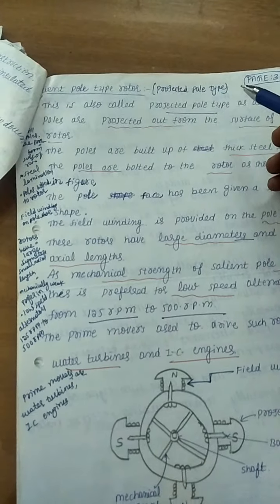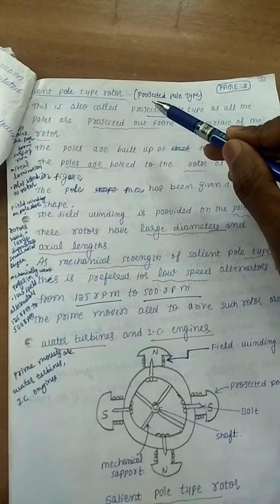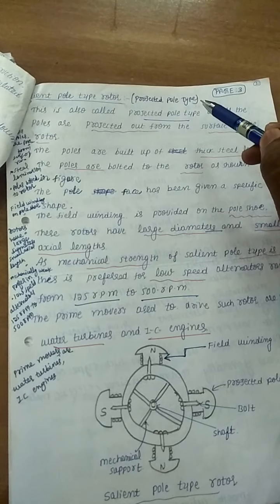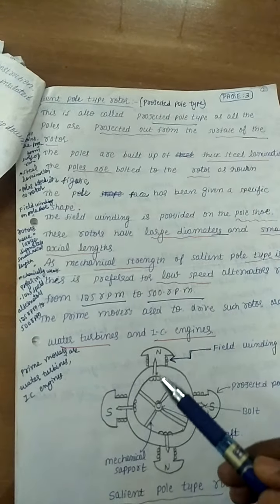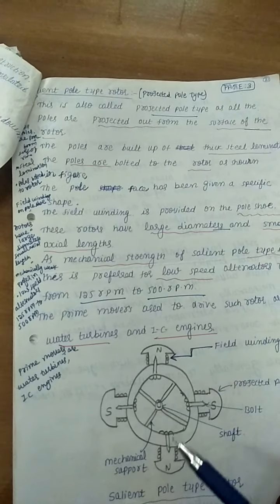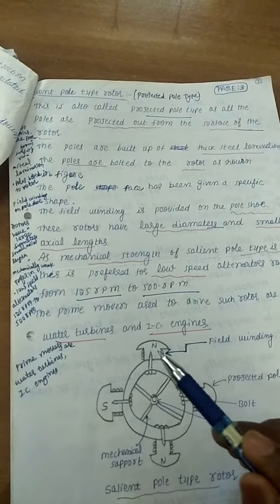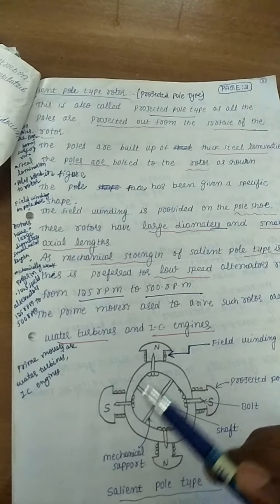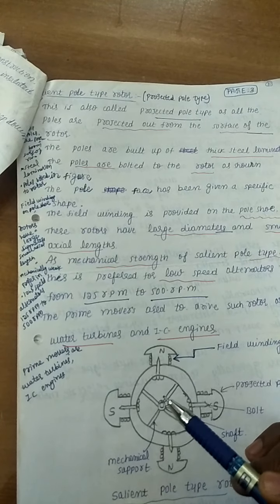First we will discuss the salient pole type rotor. It is also called projected pole type. Here, in this case, the poles are projected out from the surface of the rotor. In this diagram, you might observe N and S poles projected out from the surface of the rotor.